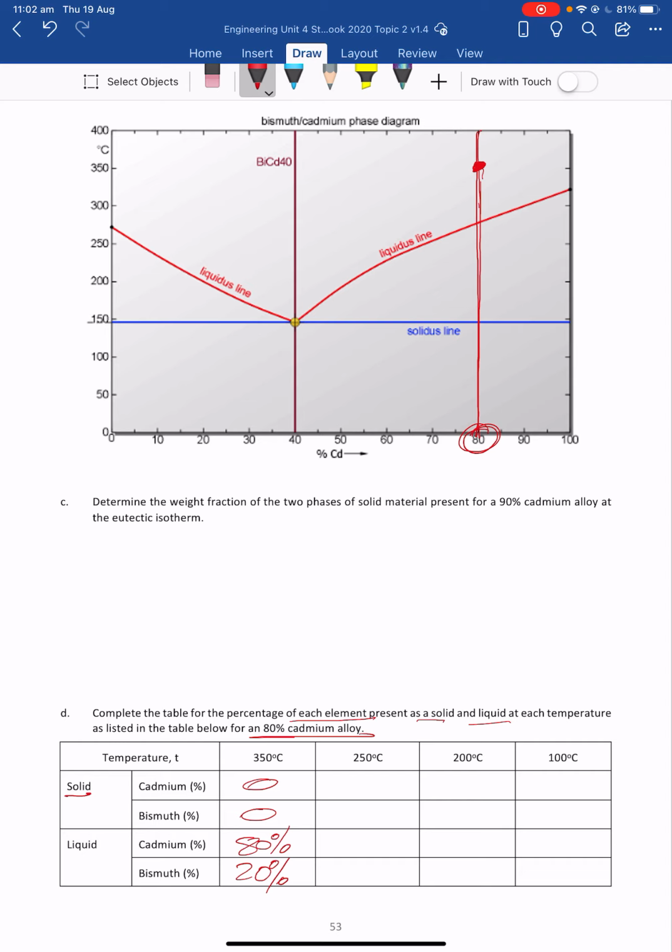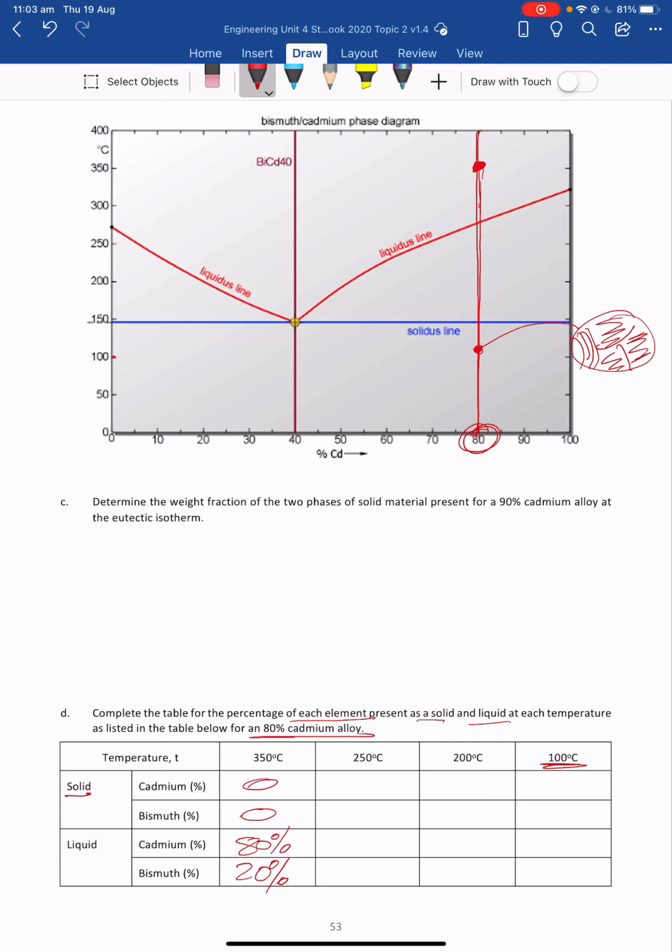And by the same token, when we get to the end of this at 100 degrees, down here, we're in the completely solid phase. Even though we know that this is going to be a solid which has got some eutectic and some solid particles of cadmium, which we've talked about before, the total mixture has to still be 80-20 because that's what we initially put in.